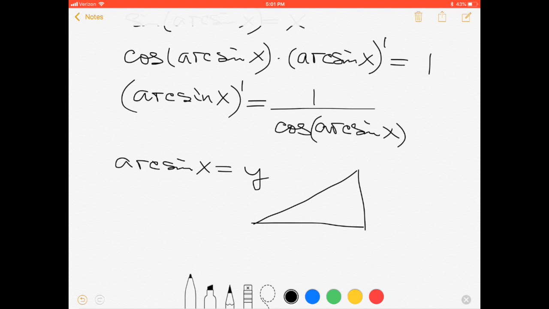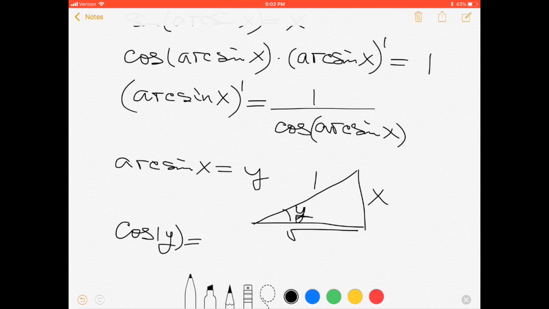We know, it means if you have angle y here, what does arcsine mean? This means sine y equals x. This means the opposite side is x, hypotenuse is 1, right? What will be cosine of y?